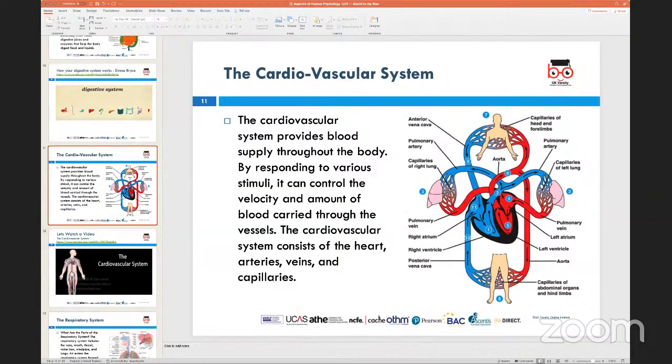This particular system performs a very important function in the human body, because without the flow of blood and nutrients, all the other organs would cease to function. The cardiovascular system consists of the heart, arteries, veins, and capillaries. You see the heart pumping out blood, and receiving and purifying the blood.